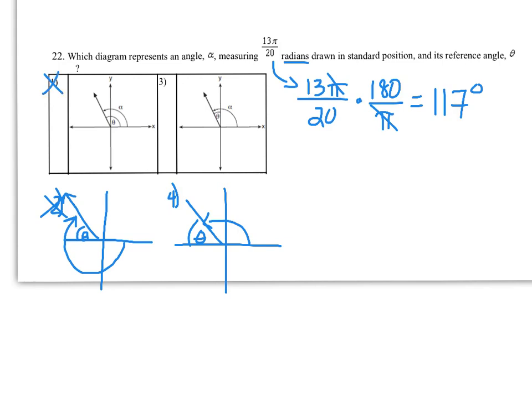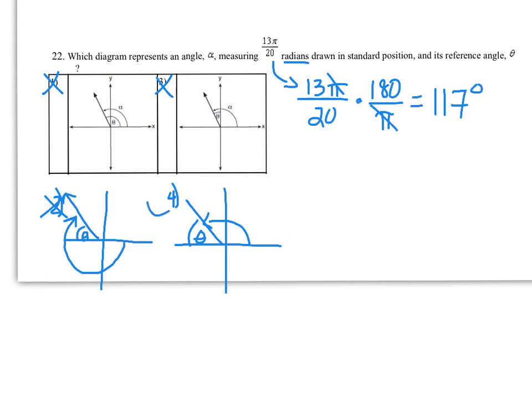Then we're going to go to choice 3. That looks like 117 degrees. But this is not a reference angle, because a reference angle has to be positive, true, acute, true, but here's the problem where it's false: it has to be formed from the terminal side and the x-axis, and this angle is squished between the terminal side and the y-axis. So we're going to cross that one off the list.